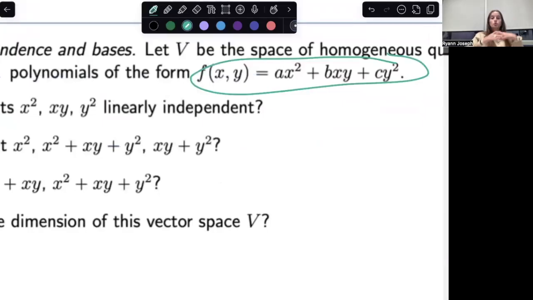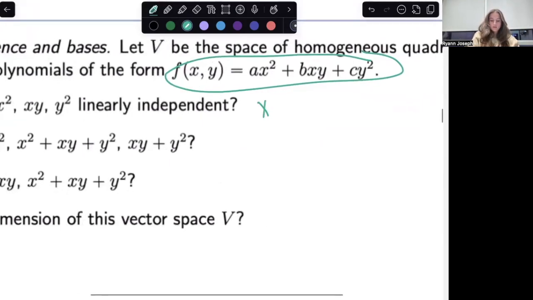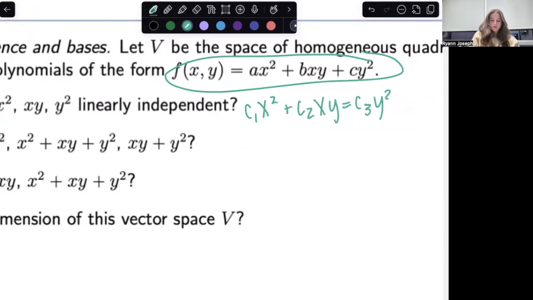The keyword here is linearly: there's no way to linearly combine xy and y squared to get x squared. I guess I can write these out: c1 x squared plus c2 xy equals c3 y squared. There's no way to make this true with numbers. With variables, sure, there's probably a way, but that's not the idea of linear independence.